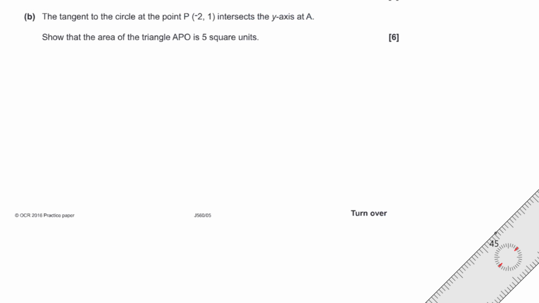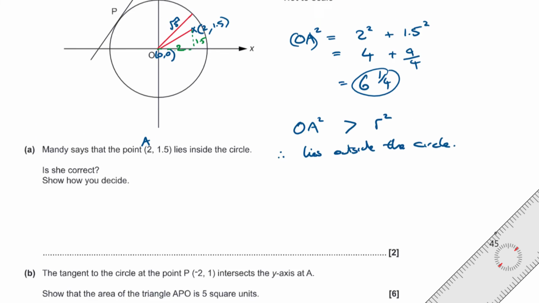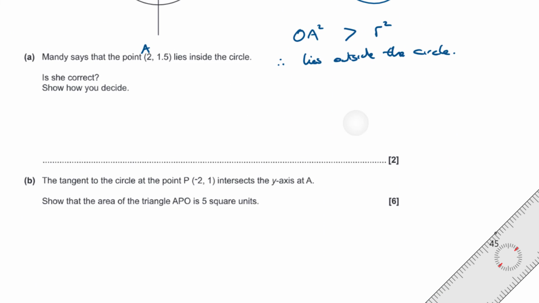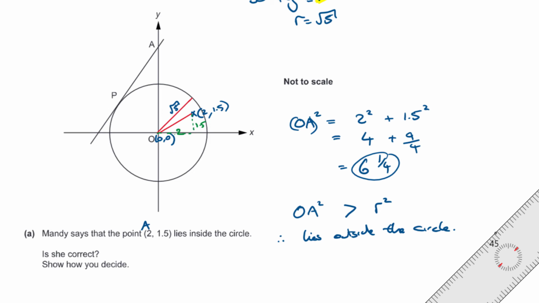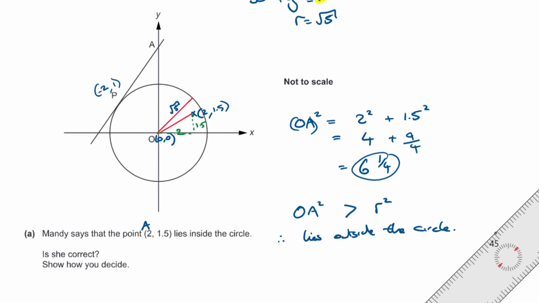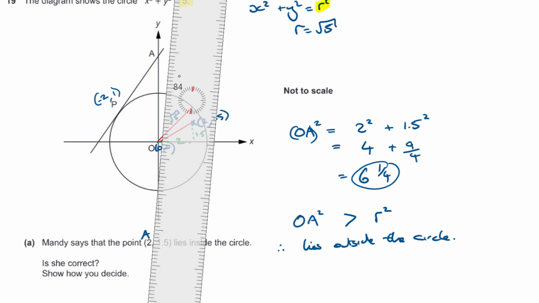Part B says the tangent to the circle at the point (-2, 1) intersects the y-axis at A. Show that the area of the triangle APO is 5 units squared. So P is (-2, 1). We need the triangle APO.